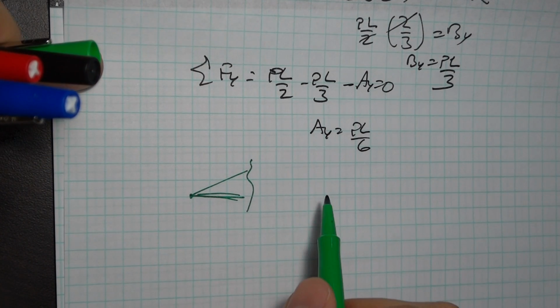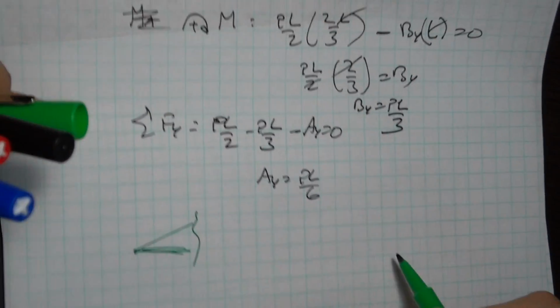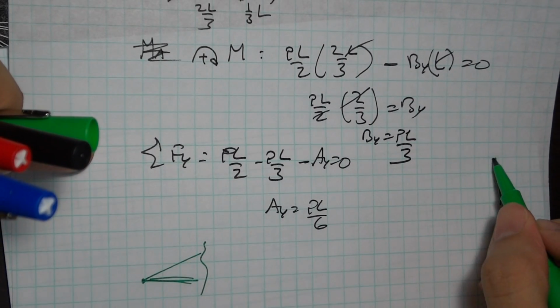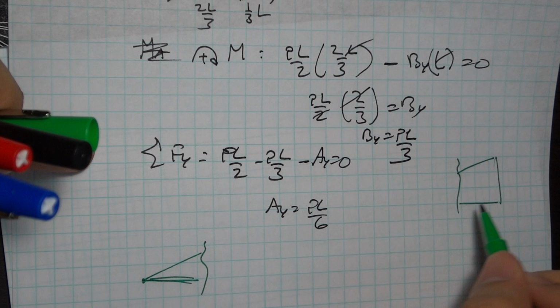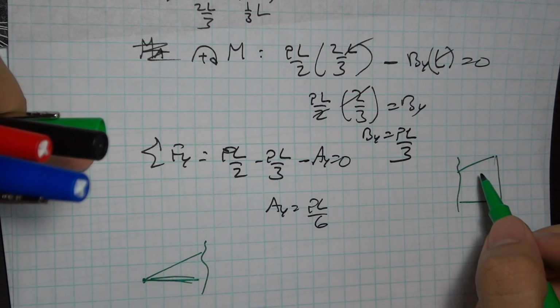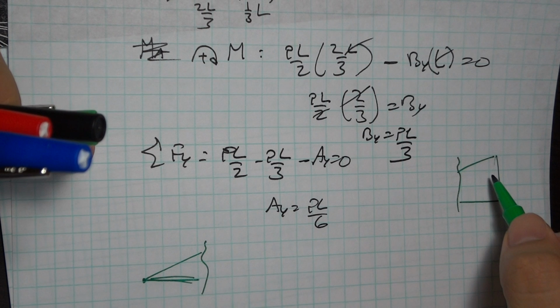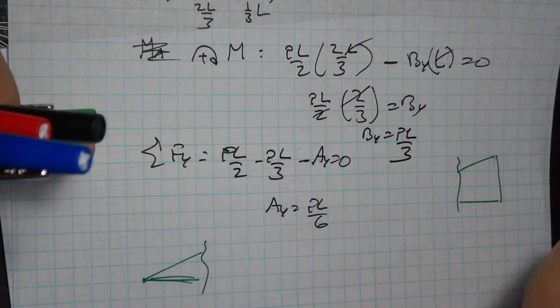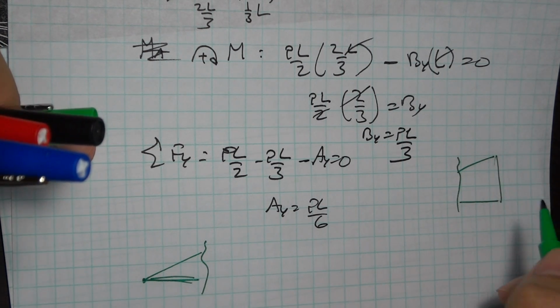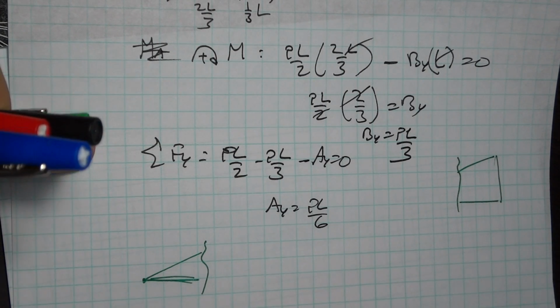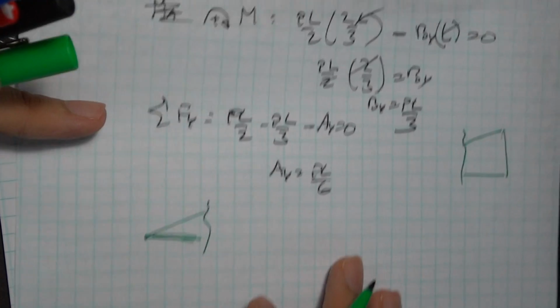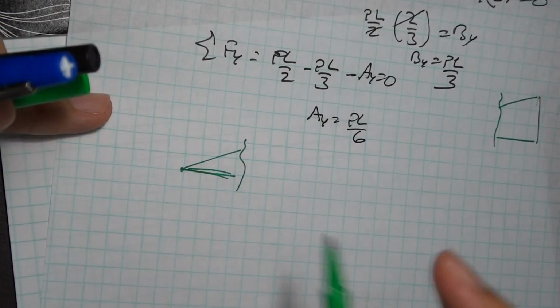Because if you start at the base, let me draw that over here, you have to find the area of a trapezoid, which is not that hard, but you also have to find the center of area of a trapezoid, which is very tedious, and it's not something you want to do if you can avoid it. So I start from this end.